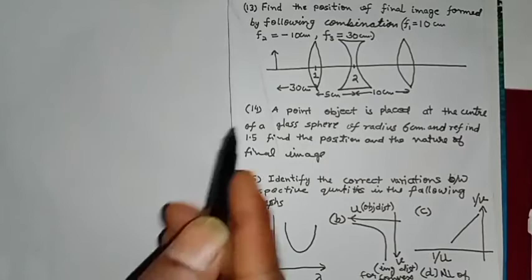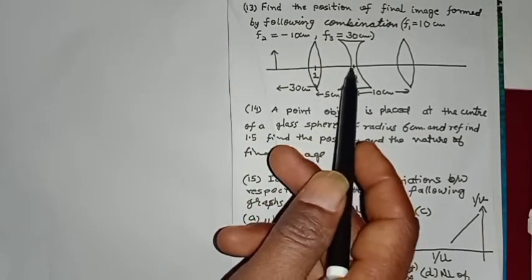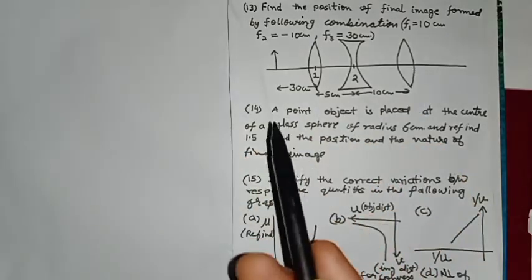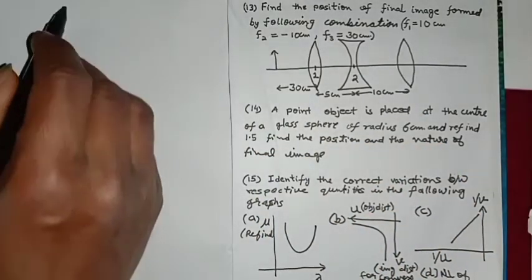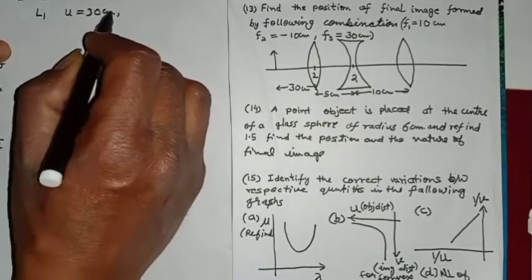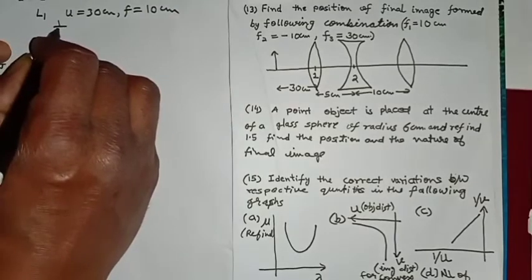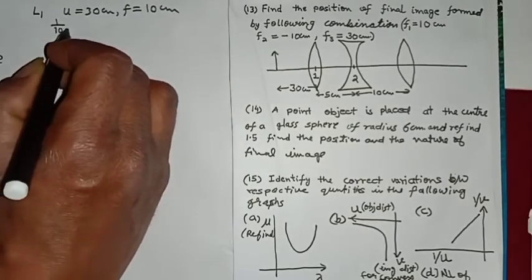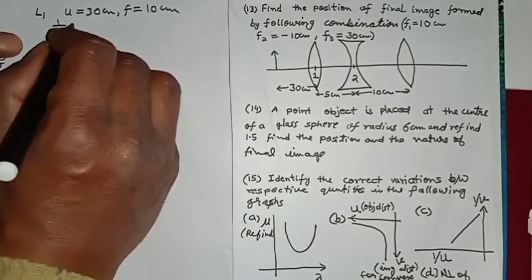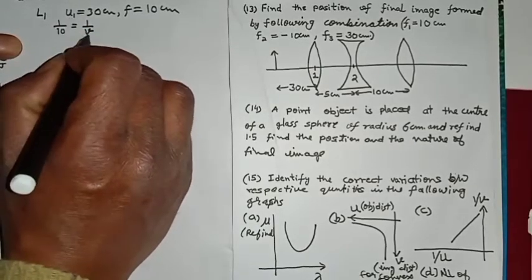This one. Three lenses, they are not placed in contact with each other. If they were, then we could apply that combination formula. But here we will go one by one. So for the first lens, u is 30 centimeter, f is 10 centimeter. We can apply the lens equation, 1 upon f equal to 1 upon v minus 1 upon u.